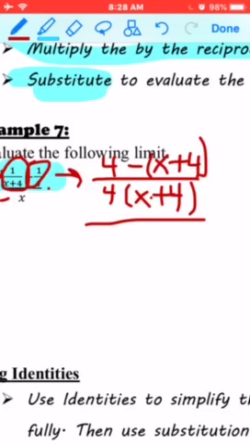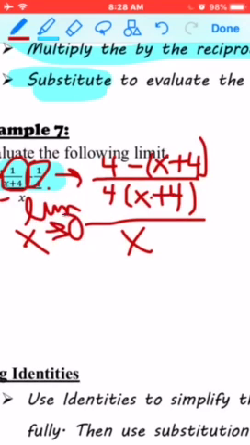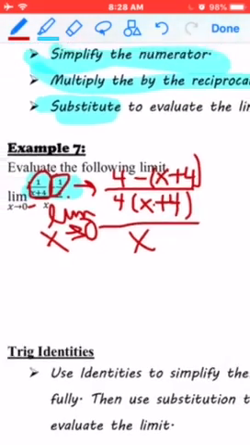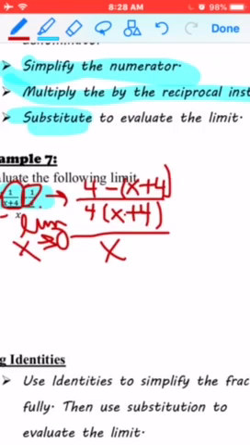Okay, so this is still all over x, and we're still taking the limit as x approaches 0. So that was the first step. Then we're going to simplify the numerator. That's the second step, so let's multiply this out.